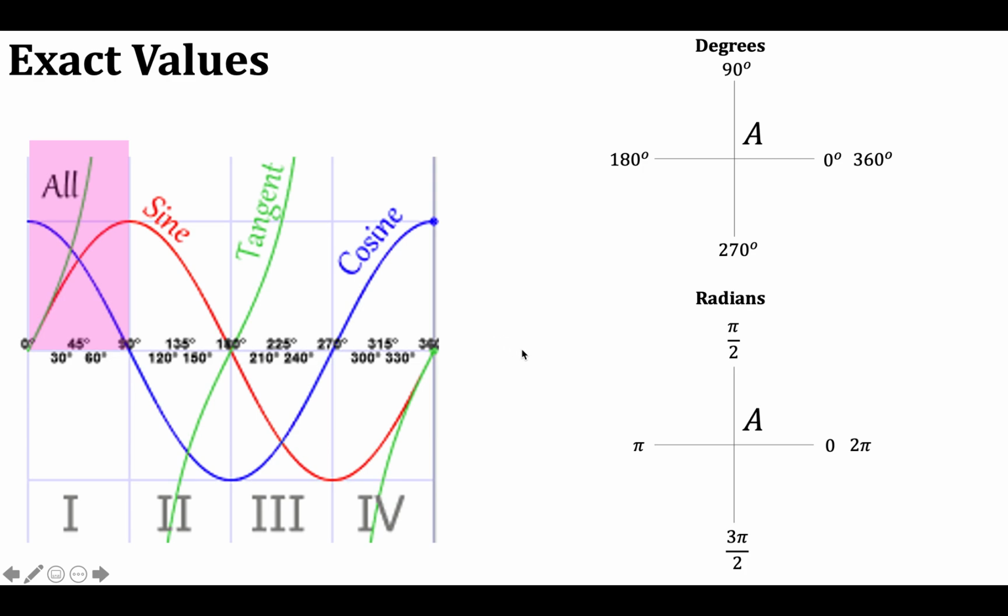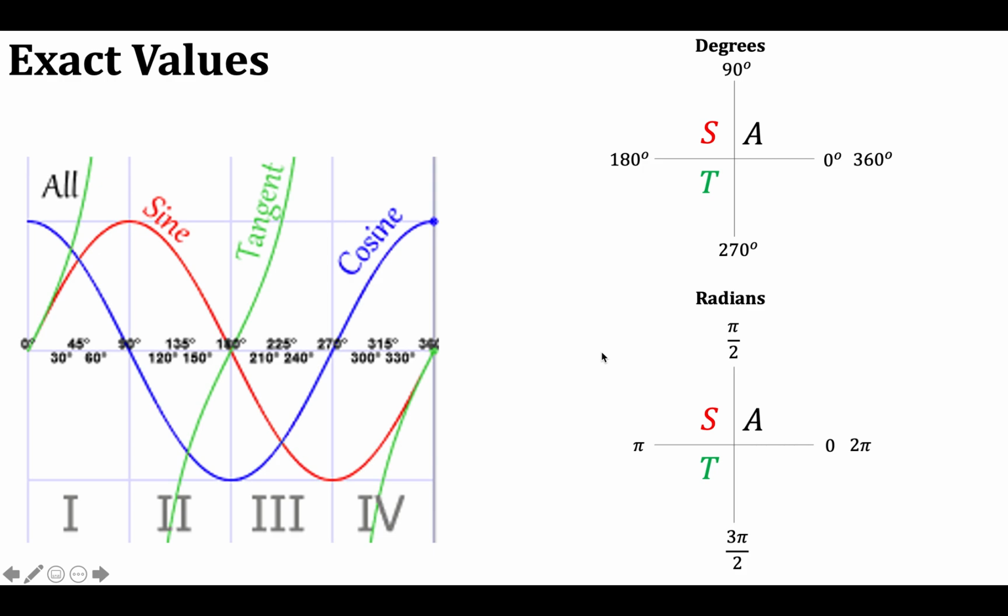If we now look between 90 and 180 degrees, you can see that it's only the sine graph that is positive there. Between 180 and 270, you can see that it's only the tangent graph which is positive there. I should have mentioned radians as well, so that's between pi and 3 pi over 2, it's only the tangent graph which is positive.